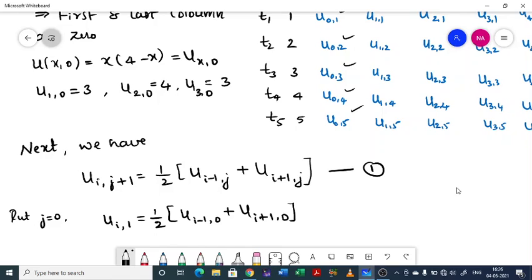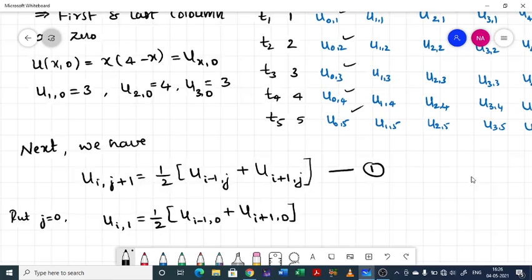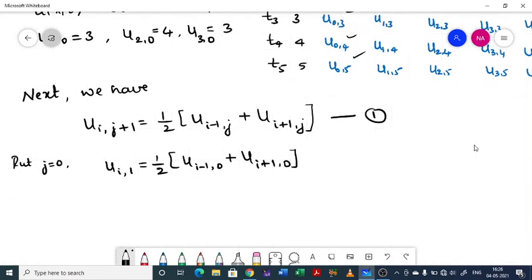Now i equal to 1 first. Let us take i equal to 1. So u(1,1) will be 1 by 2 times of u(0,0) plus u(2,0).